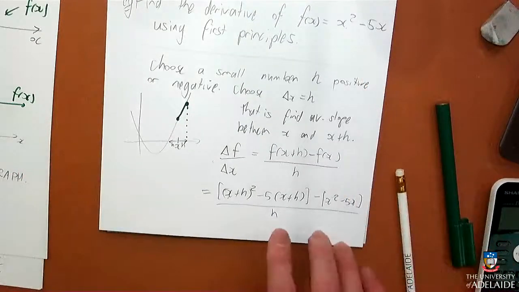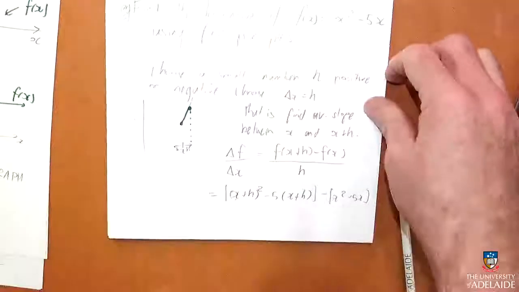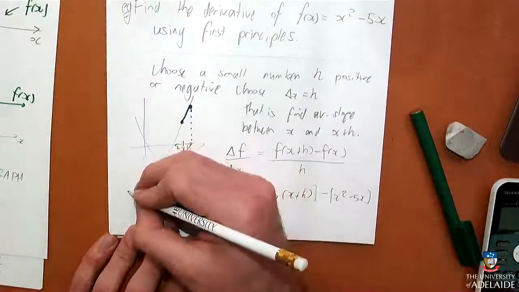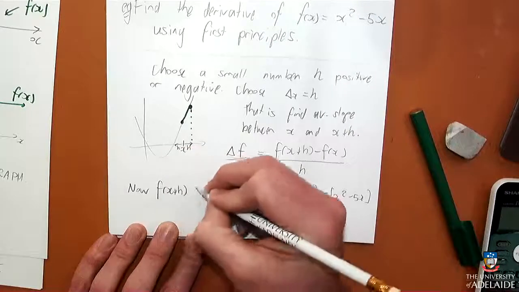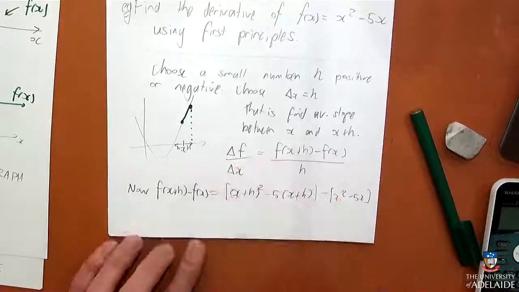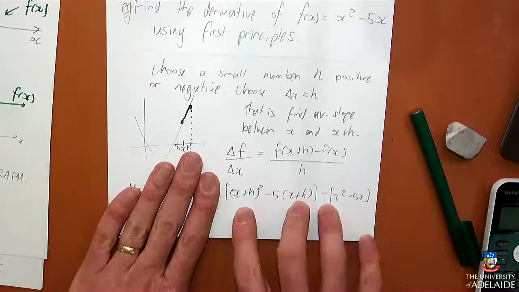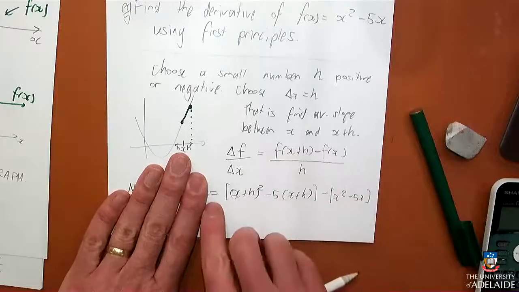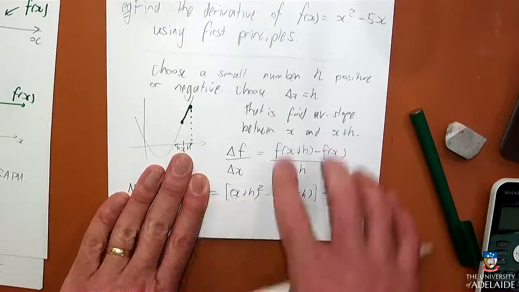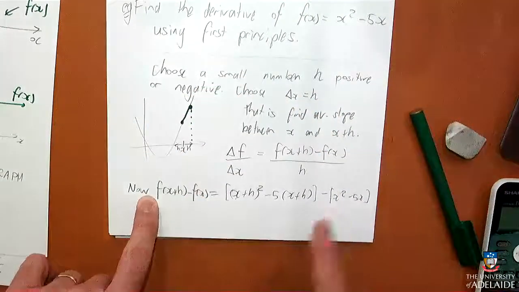You know what, that dividing by h is going to be there the whole time. So what I might do is not actually include it every time and just change my working to be about f of x plus h minus f of x. So it's very important that, since I'm not including the h, it's not actually equal to delta f over delta x anymore. So I can't just leave a straight up equals there if it's not the same thing. But what I can do is pull out this bit and say, well, that bit is equal to this.